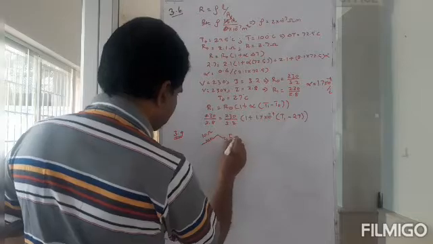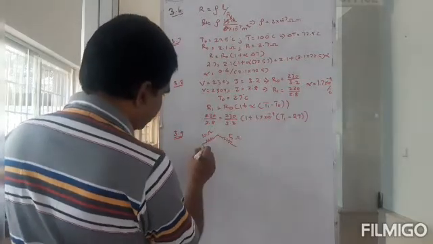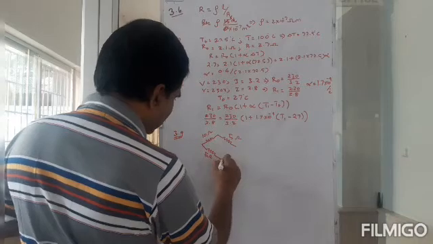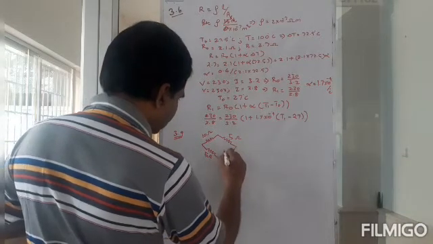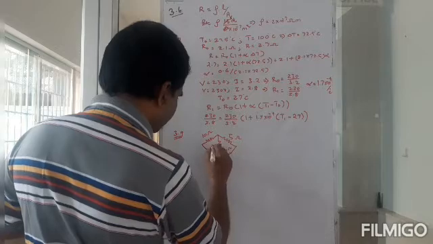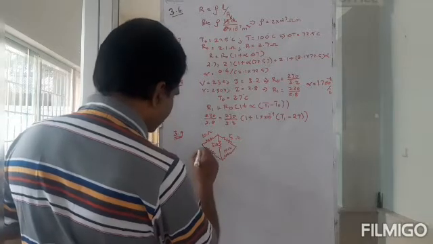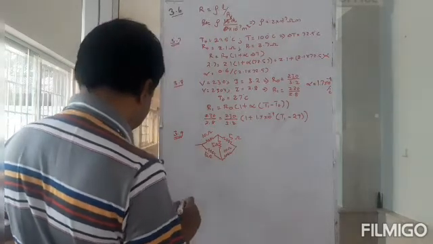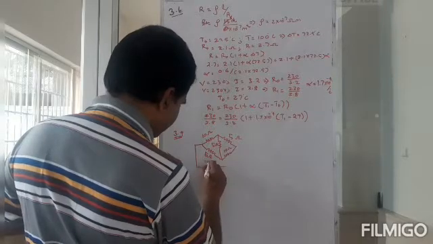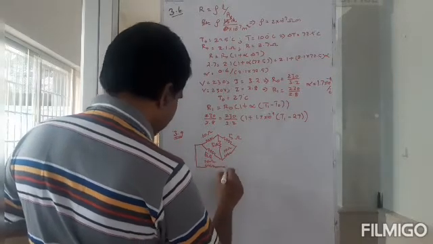It looks like a Wheatstone bridge. And you have 5 ohms, then you have 10 ohms. Then I have 5 ohms now, and again I have 10 ohms here, and then 10 volts here.